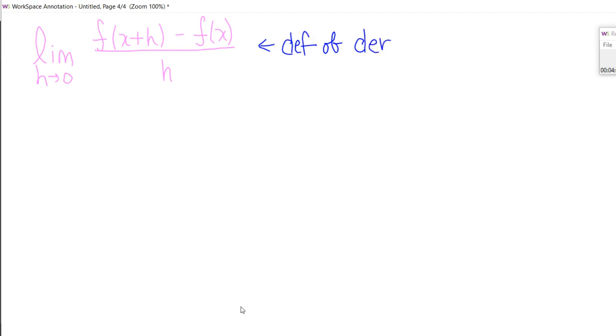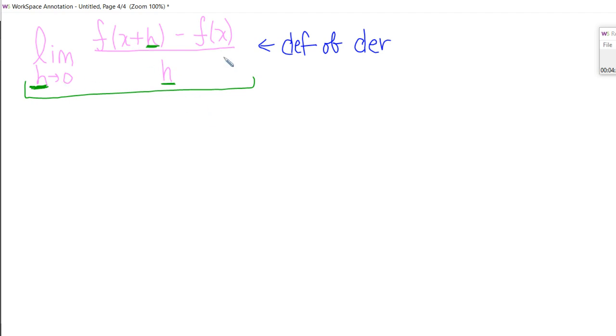Okay? So if I were to use L'Hopital's rule, which just means take the limit of it, if I were to plug in, you see how the h is approaching 0? That means all my h's are letters, and the rest of it is just numbers. I know it's really confusing because we usually view x as the variable and the rest of it as constants. But in this case, since h is approaching 0, the h's are going to be our actual variables, and the x's are going to be just numbers, okay?